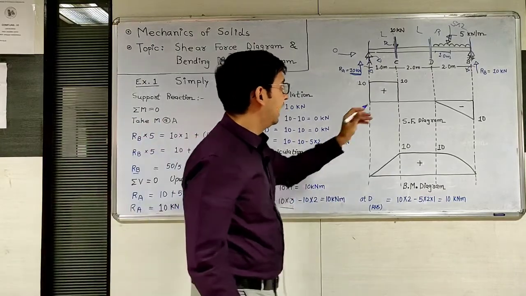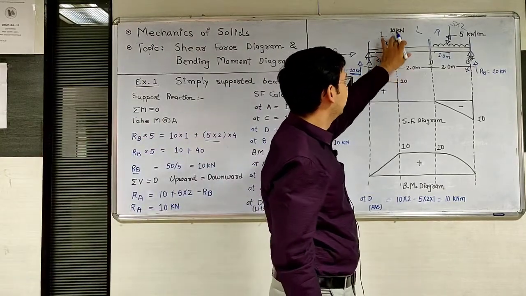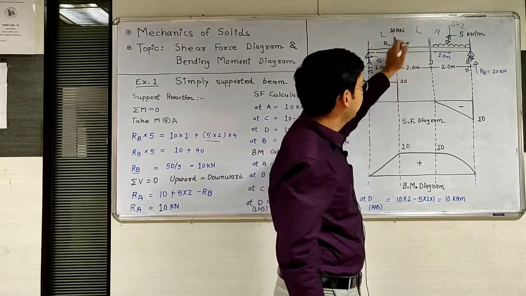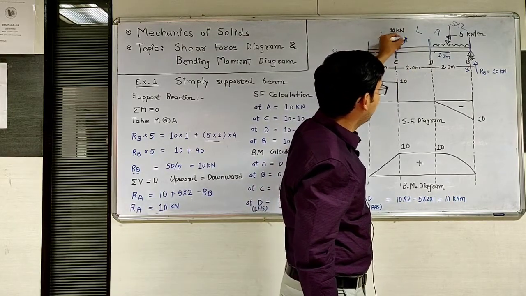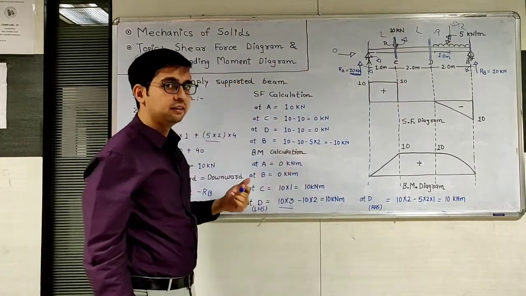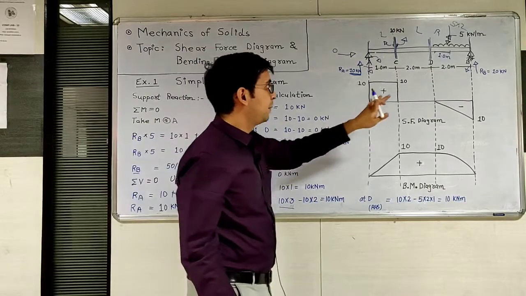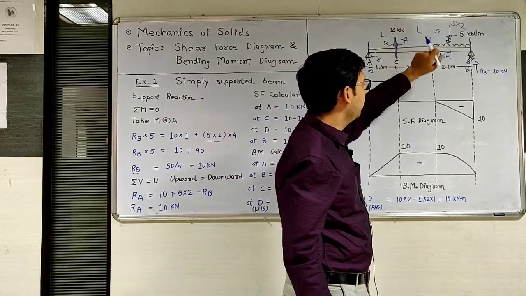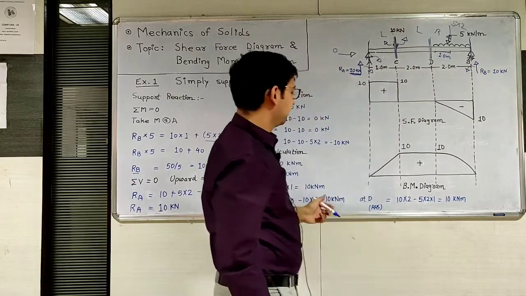Now next, at C point here we can see a downward direction point load is given, and about D the rotation is anti-clockwise. So on the left hand side, anti-clockwise moment is negative, and the perpendicular distance from this 10 kilonewton about D is 2.